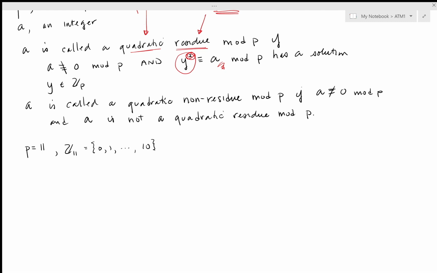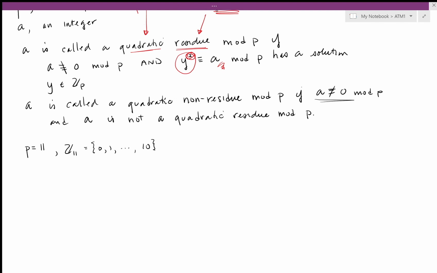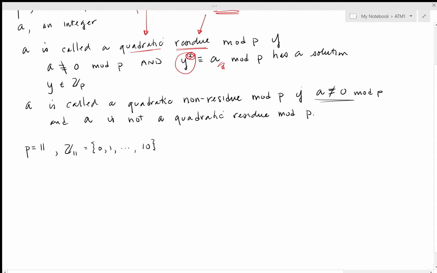So let us take a look, because we have this condition here. Let's take a look at what happens when we square all of the numbers in Z11. I'm going to take all of the numbers in Z11 excepting 0 and look at what happens when I square them. What number do I get? So I'm going to take 1, square it, and I will get 1.